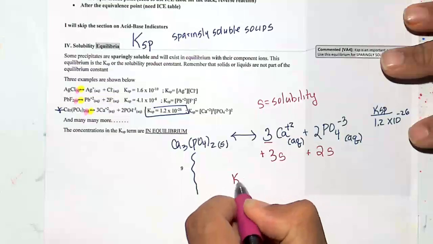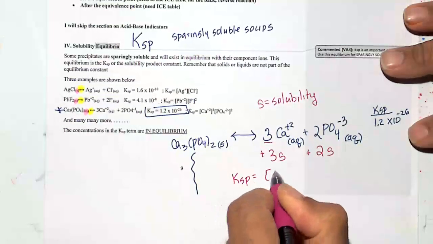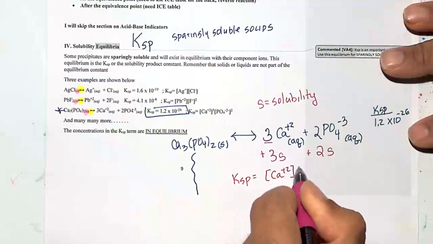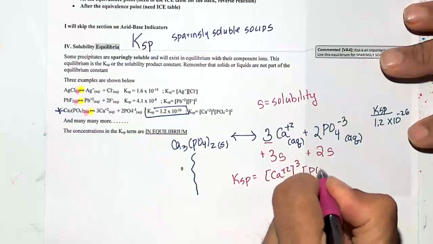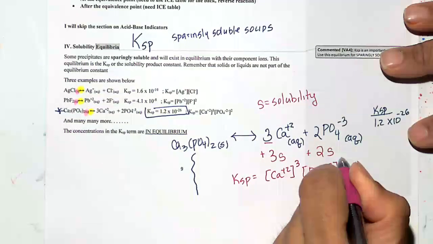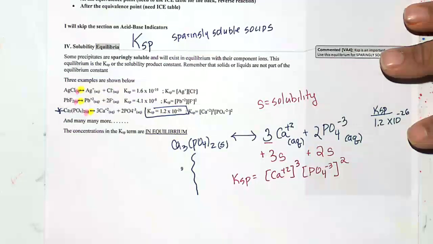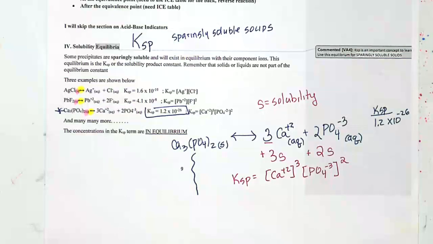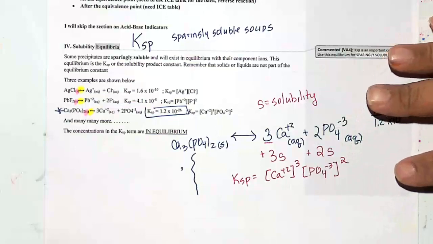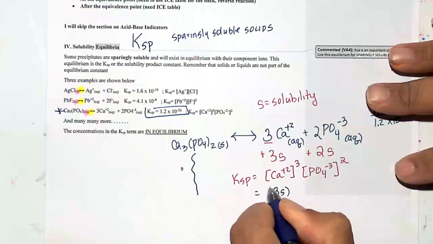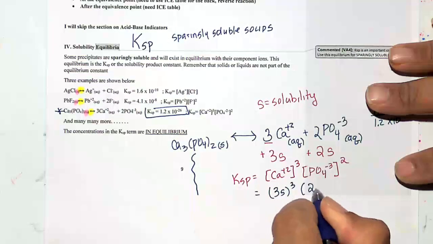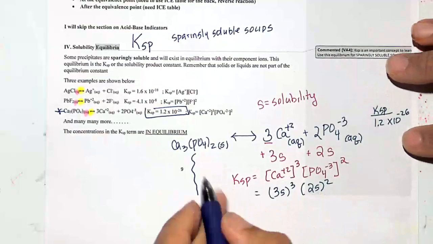So the KSP is equal to the concentration of calcium ions, which we'll cube because there's 3, times the concentration of the phosphate, which we'll square because it's 2. So this is going to be (3S) cubed times (2S) squared equals KSP.